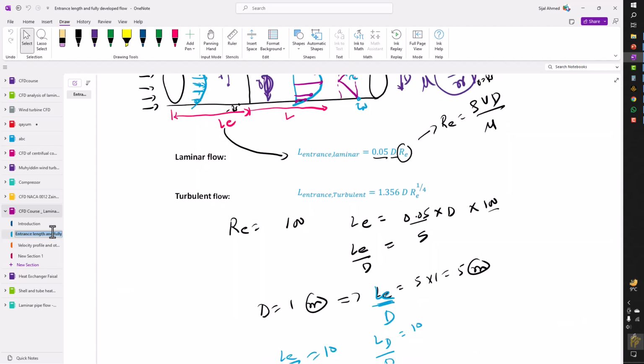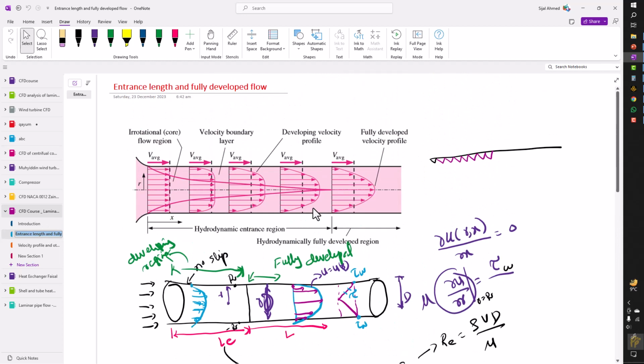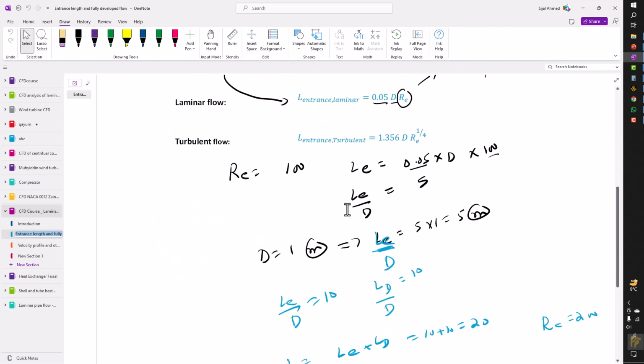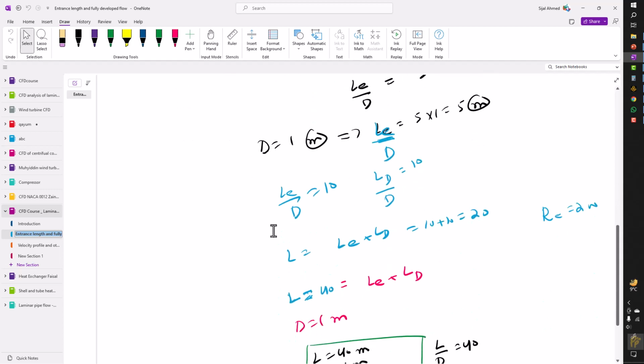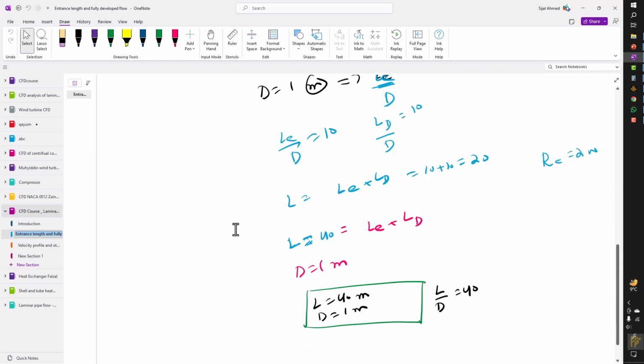From this formula you know that we have taken the values for the entrance length 5, and then we also took the 5 for the fully developed flow, and then we multiplied with the factor of 4 because we want to make the simulation maybe generic to the other Reynolds numbers also, and also we want to be on the safe side that the flow is fully developed when we analyze the flow in some section.